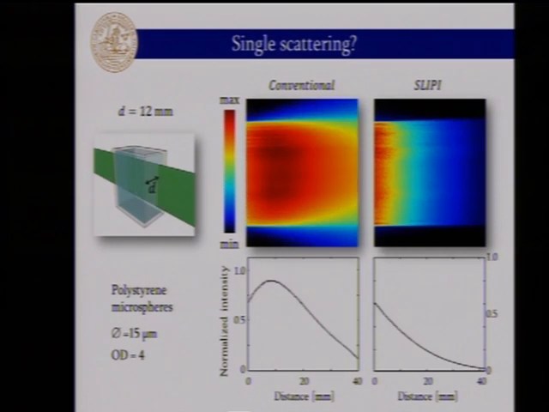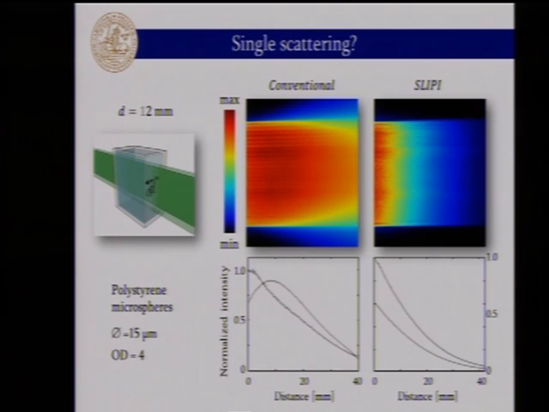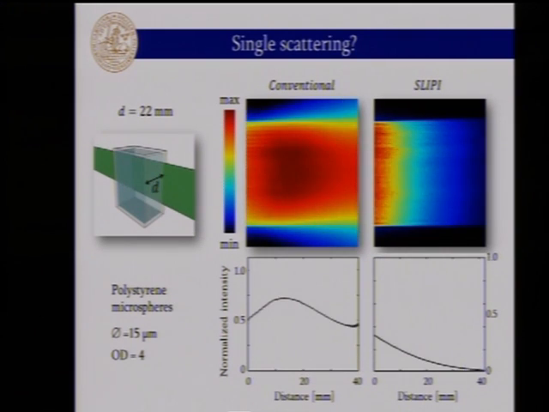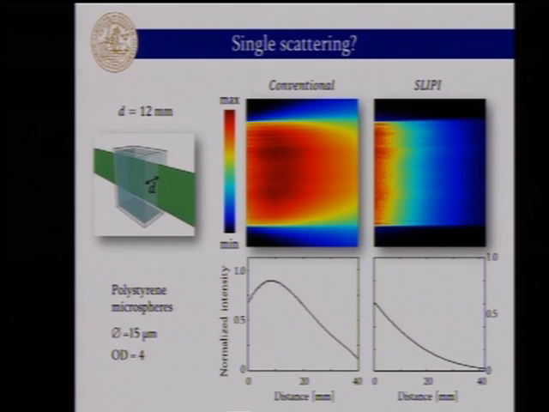And at some point, we actually observe an increase of light intensity in the conventional image. This is, of course, the effect of multiple light scattering. You have more and more, and you don't see any reduction. The exponential reduction that is predicted by the Beer-Lambert law is not observed. But with SLIPI, you do observe it. And no matter how deep you go, you always have the same decay.